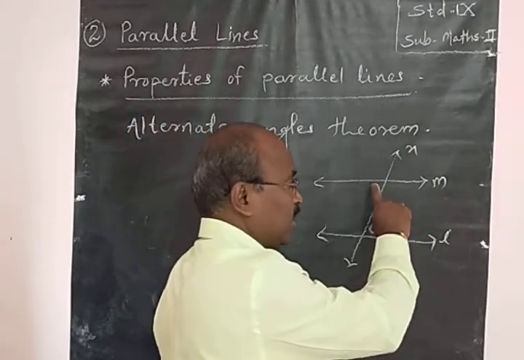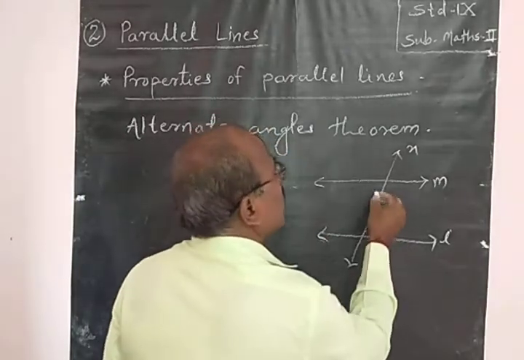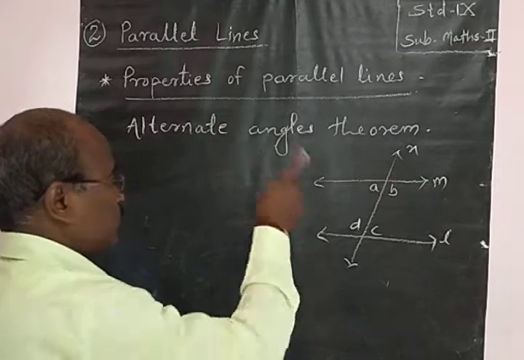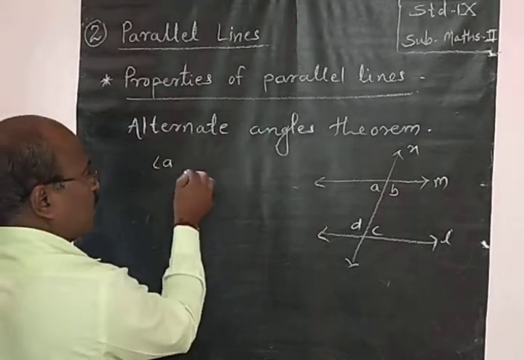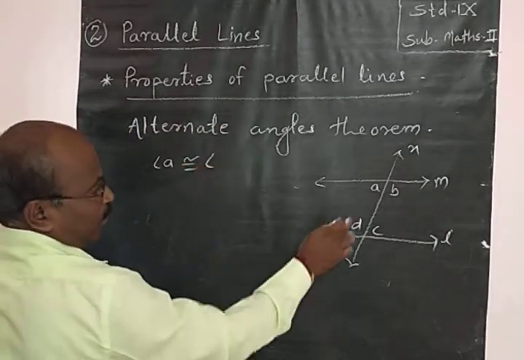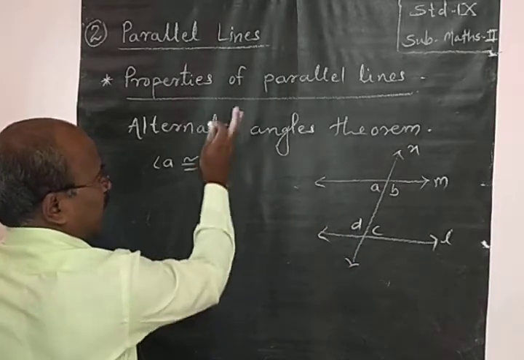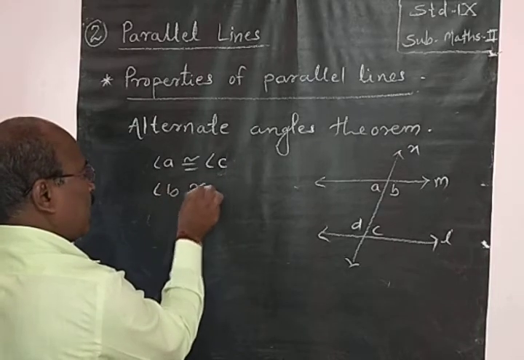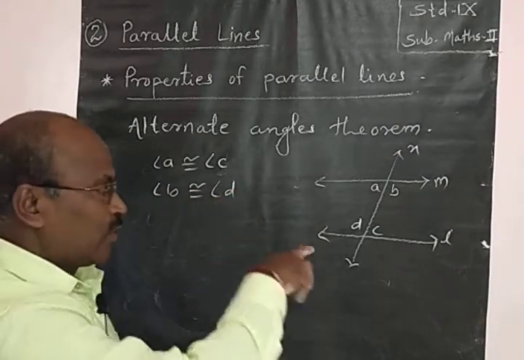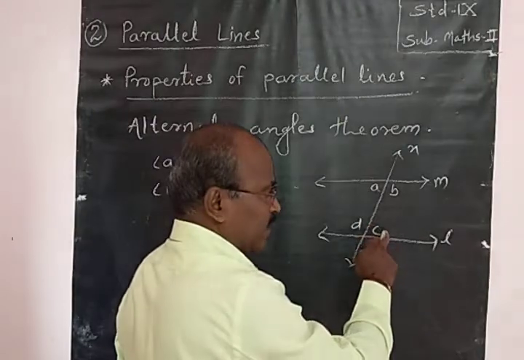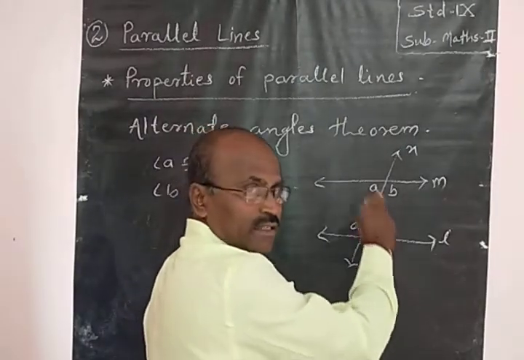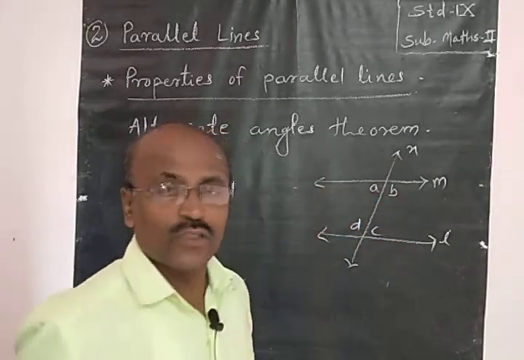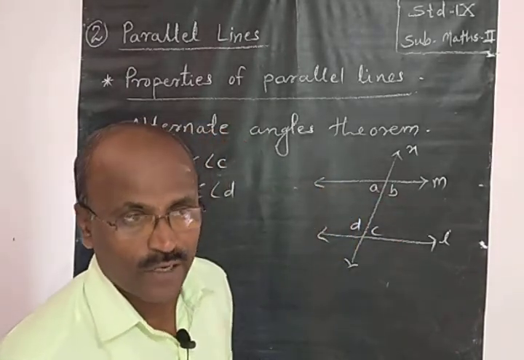So here there are two pairs of alternate angles. Angle A and angle C form one pair of alternate angles, and angle B and angle D form another pair of alternate angles.